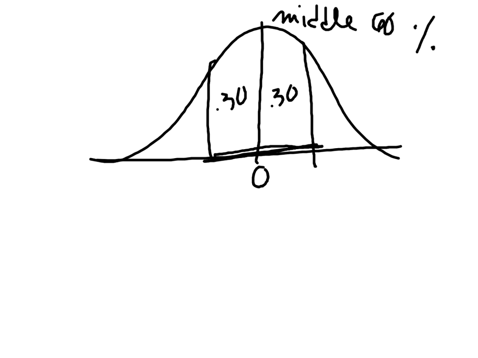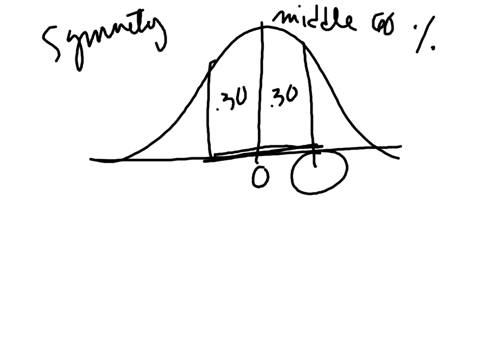So there's some information already. Now, I think you can see what's going to happen here, and keep in mind that the normal distribution has symmetry. In other words, if we find the z-value for the 30% above the mean, then it should follow that the z-value for the 30% below the mean is the same number, it's just its opposite.